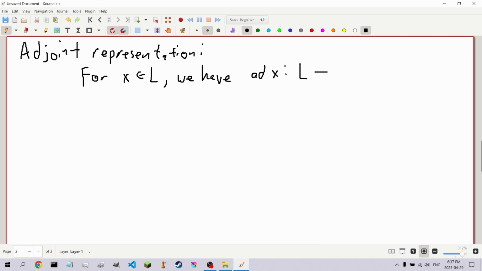It's going to be a function from L to itself. And the way it works, we write how it acts using a kind of odd notation like this. This period is just showing that the adjoint representation is of x, and that function is acting on y, because without the period, it looks like the adjoint representation of x times y. And what this is defined to be is nothing more than our typical Lie bracket. So if you're familiar with the idea of currying from computer science, this is just the currying of the Lie bracket.